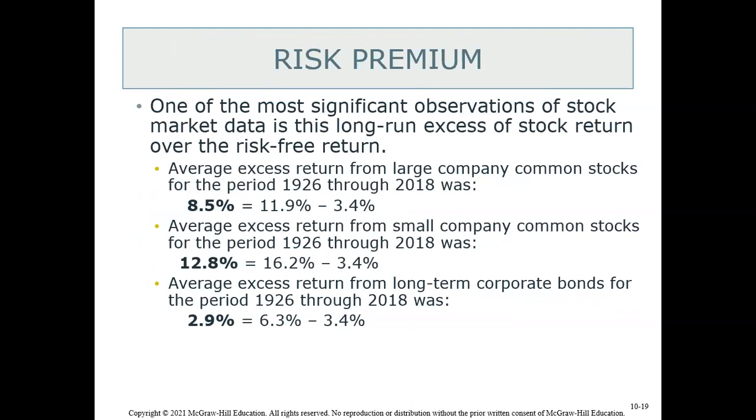The US Treasury bill, this is on page 299, is 3.4%. So the risk premium on average for large company stocks is 8.5%. We could do the same calculation for small company stocks and long-term corporate bonds, and we can calculate their average risk premium historically.